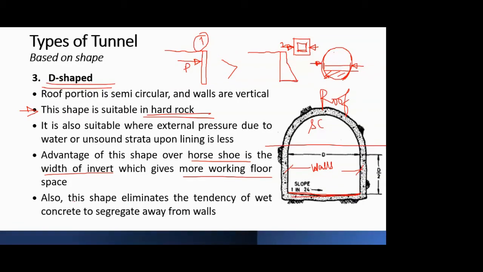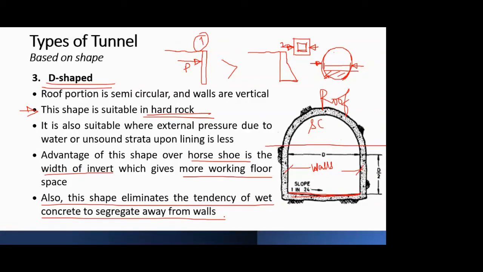One more advantage, from the concrete technology point of view: when you do concreting for a circular or a horseshoe shape, due to the curved shape of your walls, the concrete tends to segregate. You know what segregation is? Segregation of concrete: concrete is a mixture of cement, coarse aggregate, fine aggregate, and water, and if necessary, some additives.